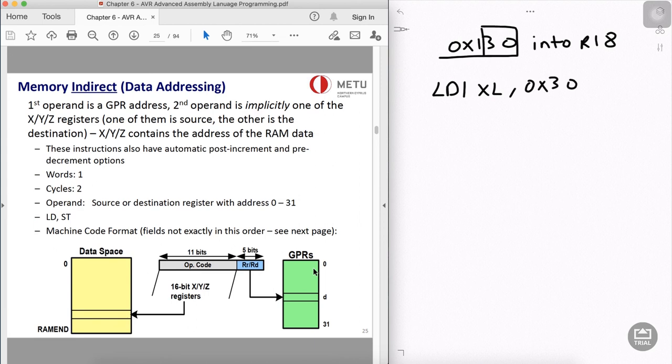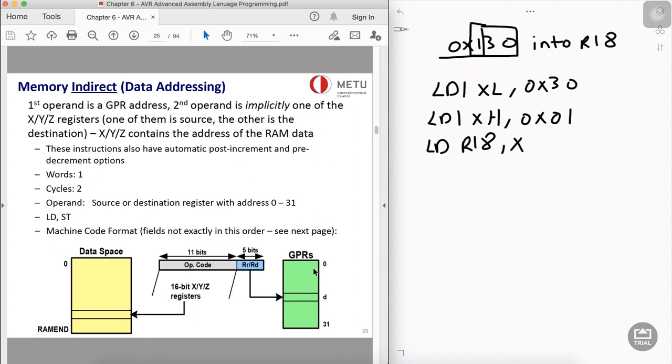Then we do LDI XH, which is going to be 0 hex 01, which is this part of the address. So the high byte and the low byte are defined separately. Then we use the load instruction, load R18 with X. What does that mean? Copy the contents of location hex 130 to R18.